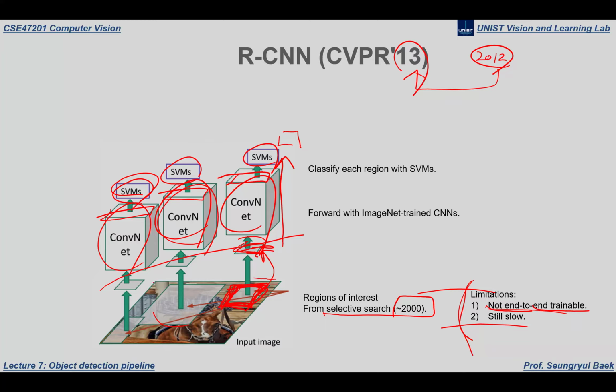We sometimes also have to see the entire image to say which class this patch has, right? But in previous RCNN, we start from this patch, and it was not easy, even for humans, to say which objects are inside this patch.